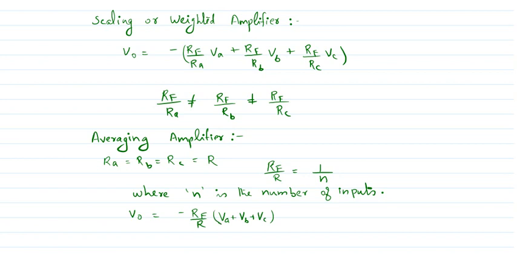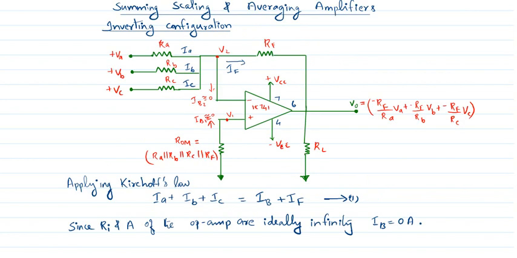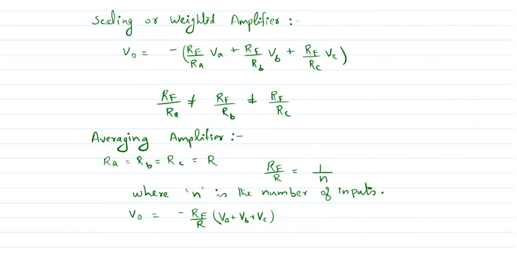In this example circuit, we are giving 3 different inputs to the inverting terminal. So N will be equal to 3, and the gain of the circuit is 1 by 3.